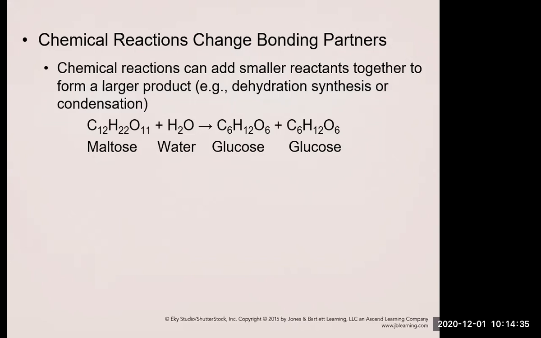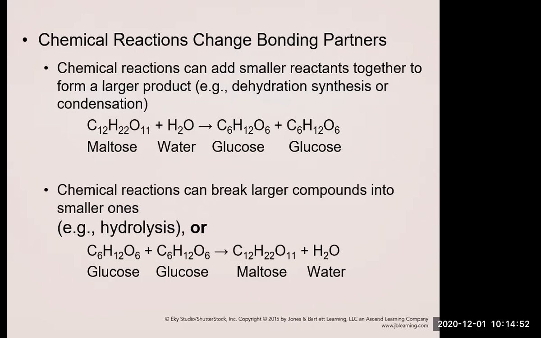And so here, what we have done is we have removed water from its liquid form and imparted it to create 2 glucose molecules. So we're going to call this a dehydration synthesis. Or wait, pardon me, got that backwards.